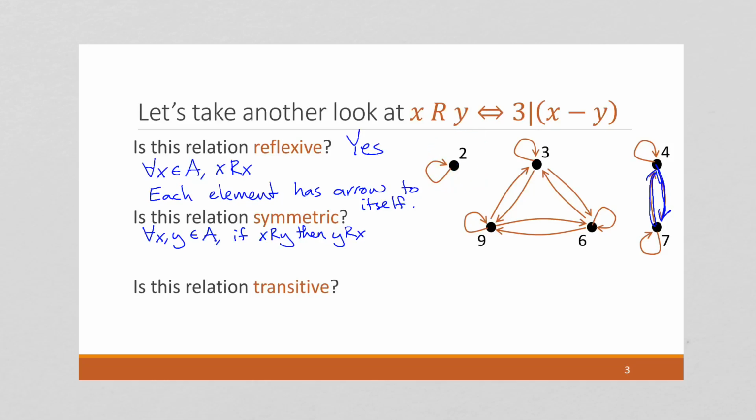This is an if-then statement. So this only is true if x is related to y. For example, it doesn't matter that we don't have a relationship from 2 to 3, because we didn't have a relationship from 3 to 2. So that's okay. So in fact, this is symmetric.